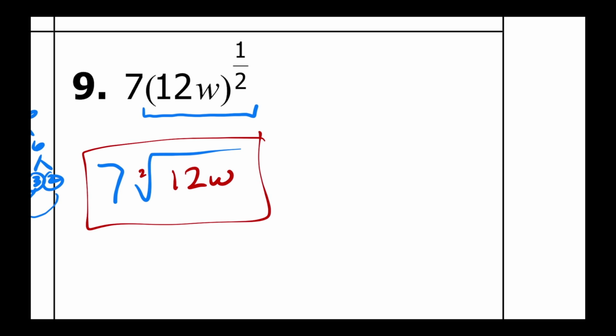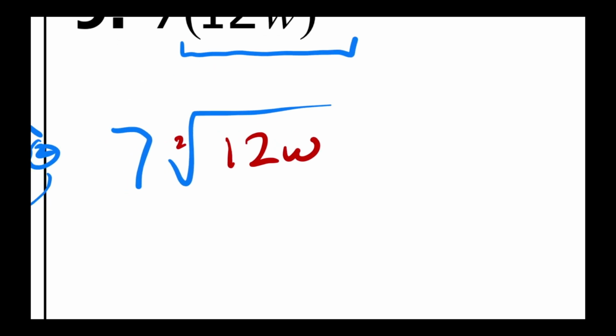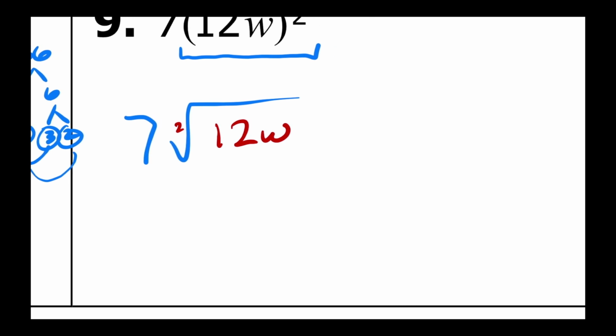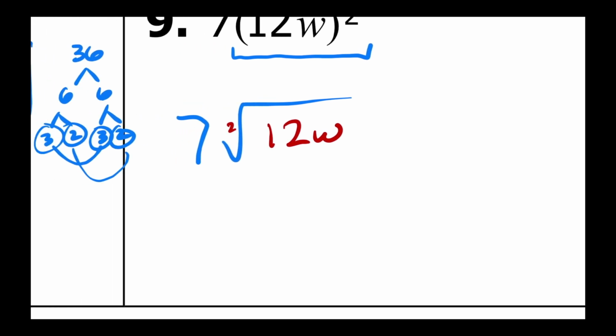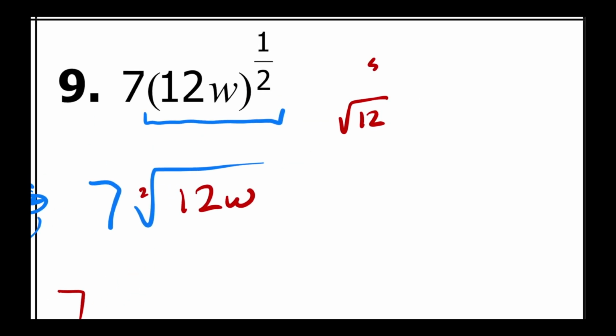No, we're not, mister. You're right. Can we simplify that? This is the square root of 12. So I still have my 7 out here. Now, what's the square root of 12? Let's do this on the side. Well, there is no square root of 12, but square root of 4 times 3.